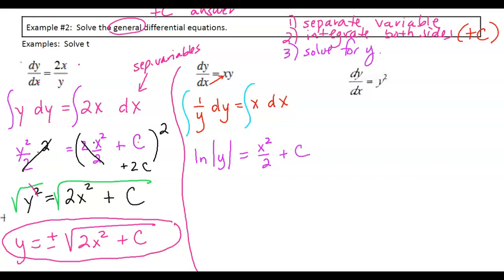So stay with me. This is going to be a very typical problem, and I'm going to introduce some new ideas to you. If we want to get y alone, I have to get y outside of that log. So you have to remember that natural log is really log base e, okay?